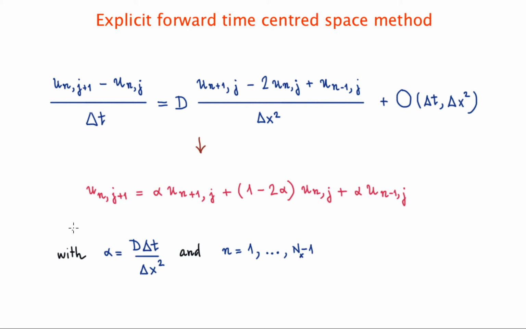So basically here we have derived the simplest finite difference representation. The simplest in the sense that this is the lowest order of the error that we can consider. So this is the simplest finite difference representation we can have for the heat or the diffusion equation.